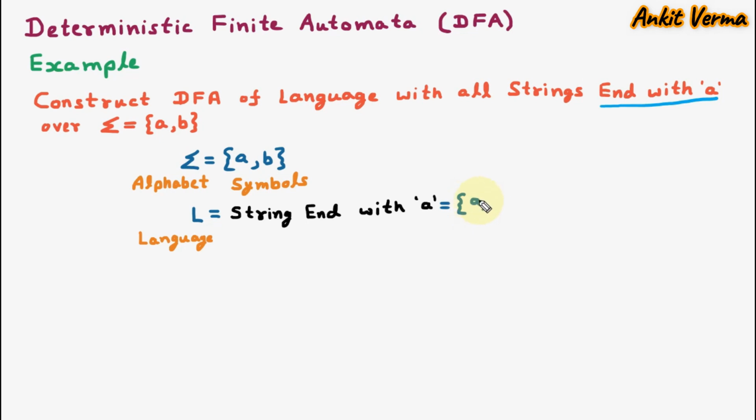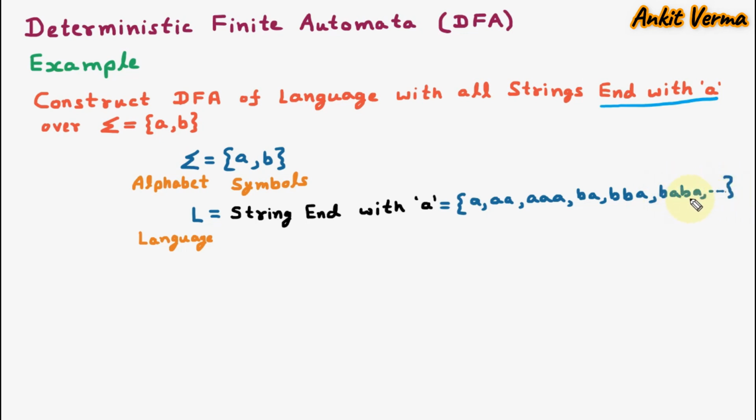So A is ending with A, then AA, again it is ending with A, then three times A, and so on, four times A, five times A, or we may have BA or BBA or BABA and so on.